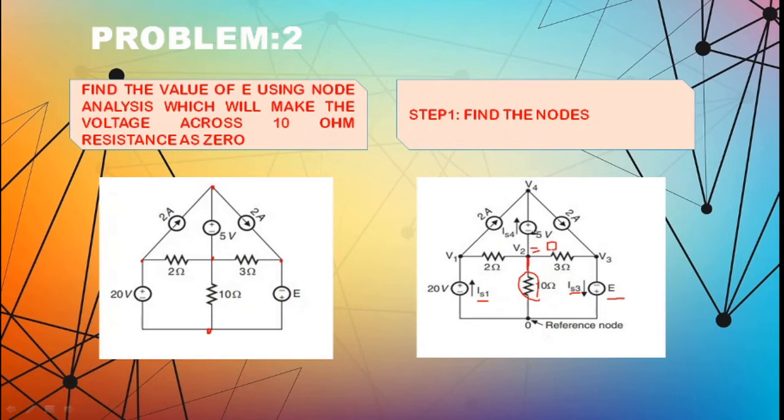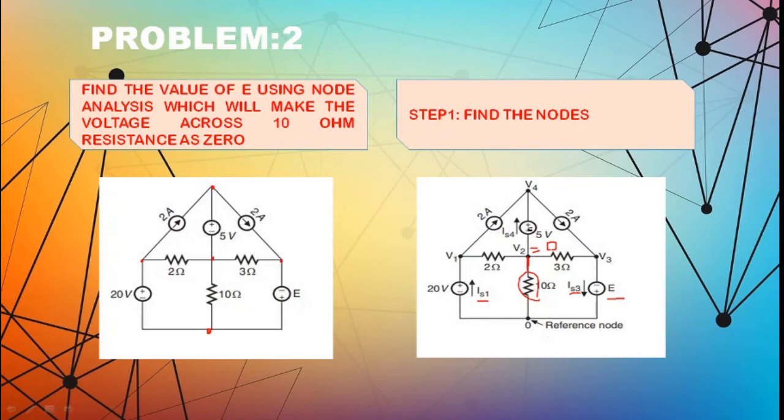Again, for these voltage sources, we are going to find the equation. If I consider this 20 volt, it is connected only with V1. So I can simply consider that particular voltage V1 as the positive is towards V1, right? So V1 is equal to 20 volt.